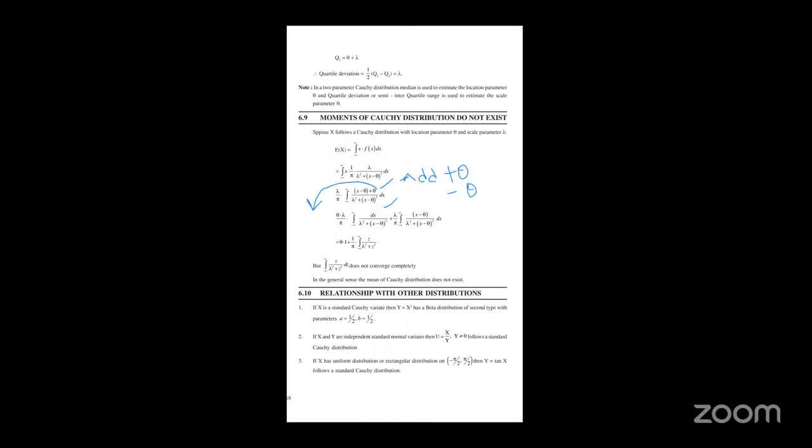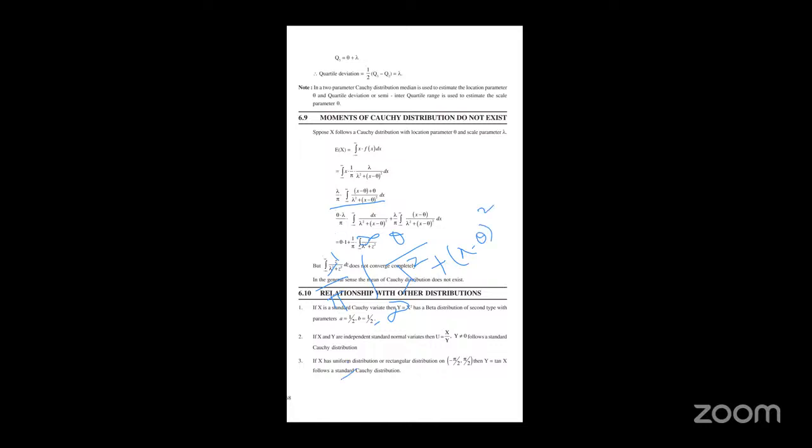So what happens? Theta into x by lambda equals integration minus infinity to infinity dx into lambda square plus x minus theta whole square. This again we'll do as a separate one, for this thing one and this thing one. So for this, lambda by pi, integration minus infinity to infinity, theta by lambda square plus x minus theta whole square, as 1.